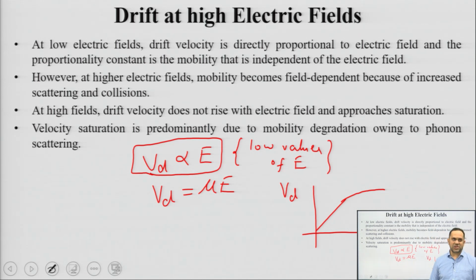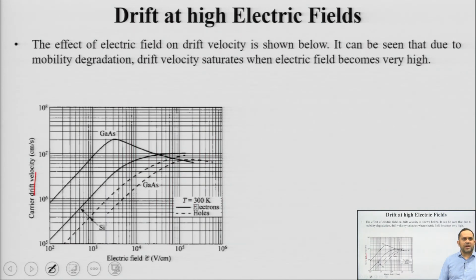And in very extreme cases, at very high electric fields, it might also start to roll off a little bit. Okay. This predominantly happens why? This is the graph which shows electric field on the x axis and drift velocity on the y axis.